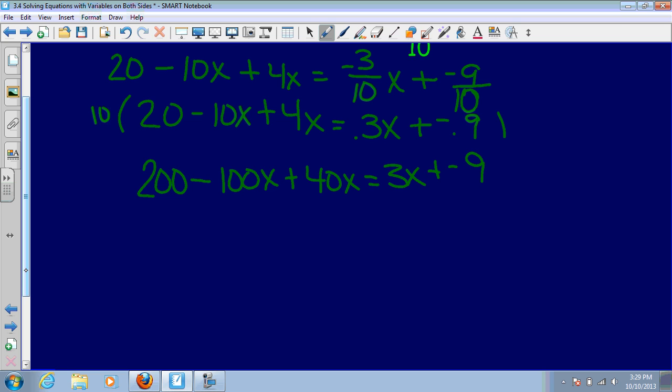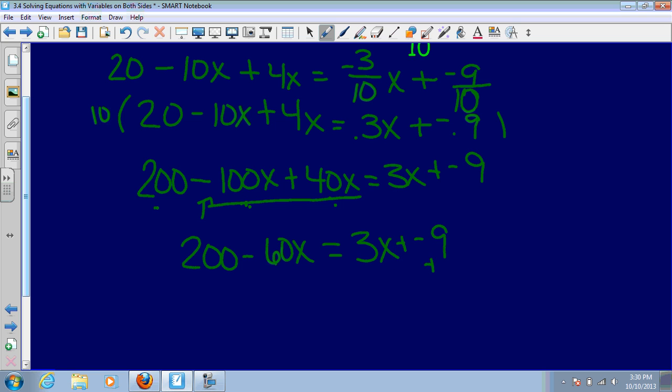Combine like terms. Can't do these two, but I can do these two. But this is negative, so it's 200, negative 100 plus 40, negative 60x equals 3x plus negative 9.